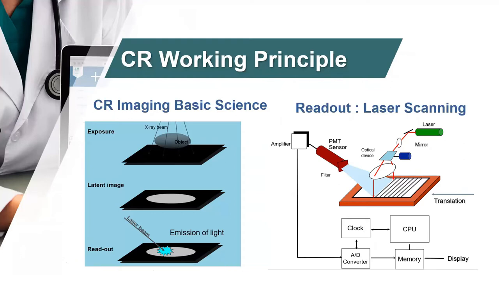Once we insert the CR cassette into the digitizer or reader, the electrons stored in the form of energy are stimulated and read by the laser. The laser reads all of them and sends the signal to the amplifier, analog to digital conversion happens, and it is stored in memory and goes to the display in the CPU. Next.